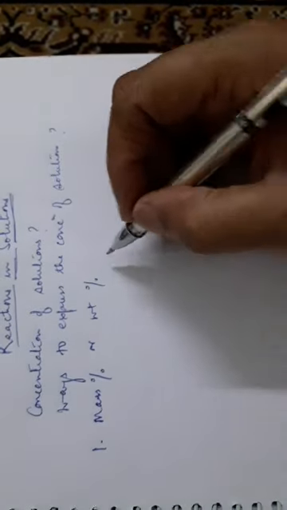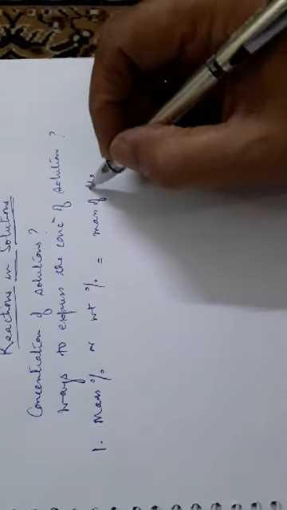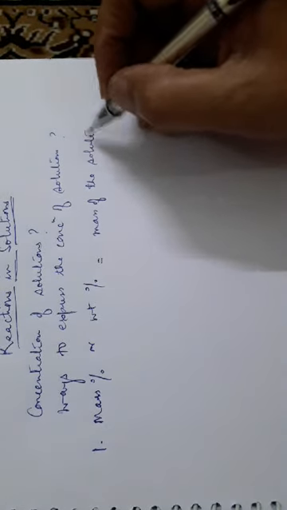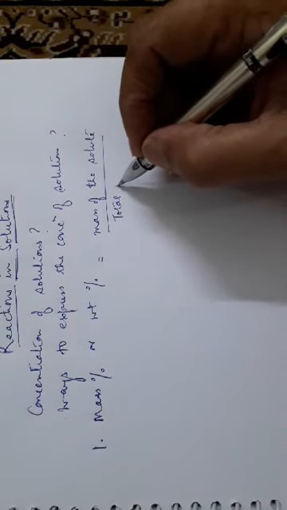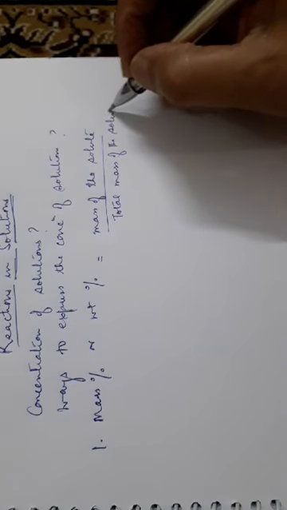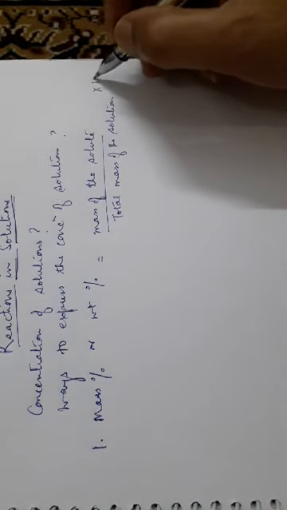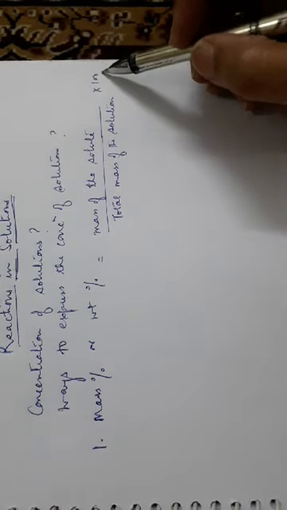It is expressed as mass of the solute upon the total mass. Total mass means total mass of the solution, into 100. It means how much mass is present in 100 grams of the solution.